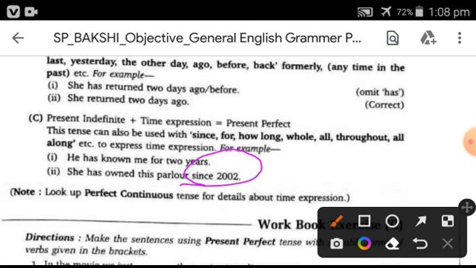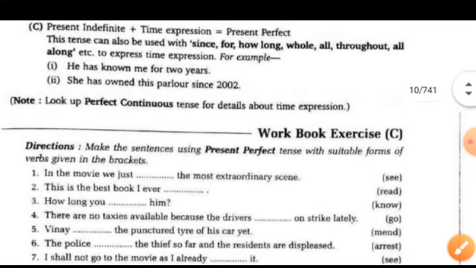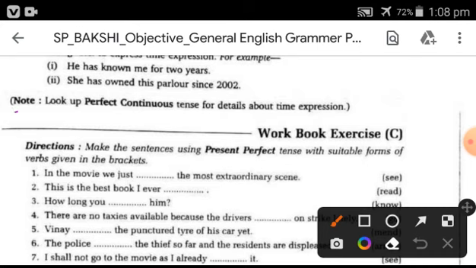And here is a note. Look up perfect continuous tense for details about some time expressions, and we will discuss it in an upcoming slide.